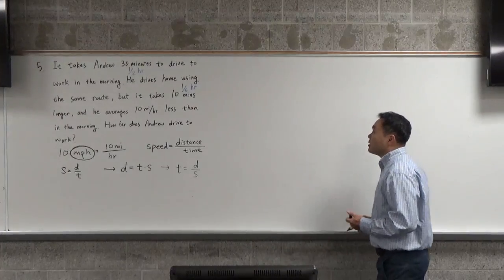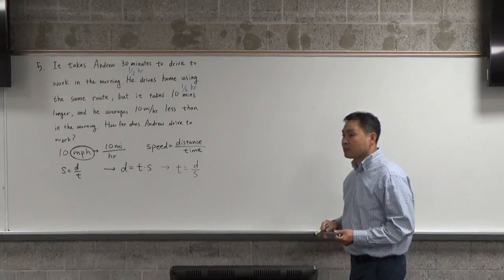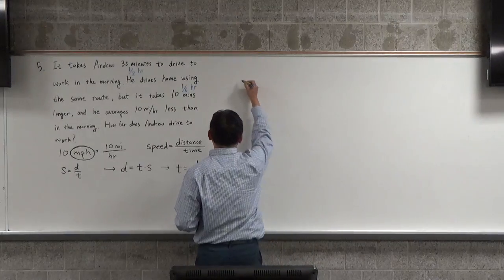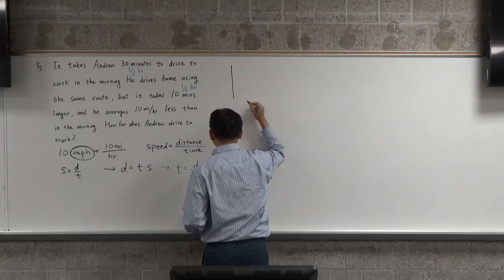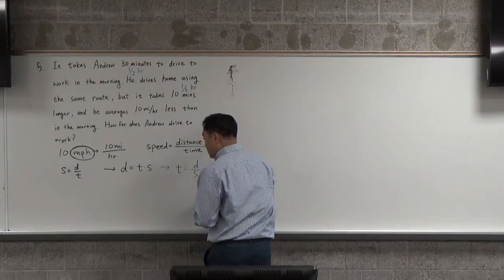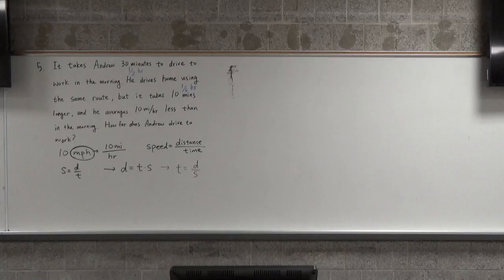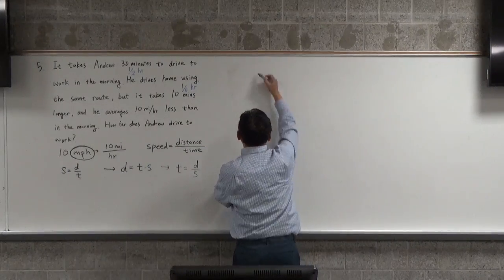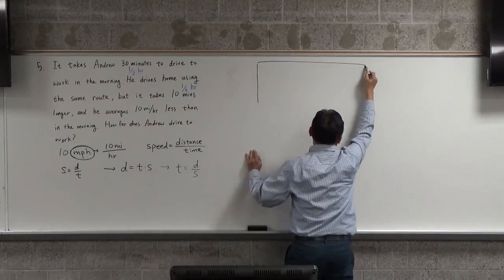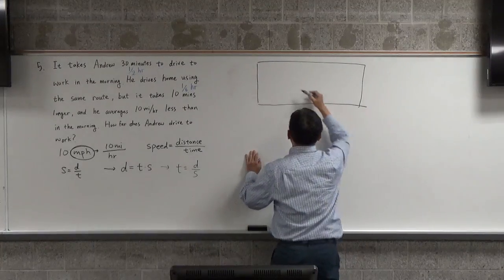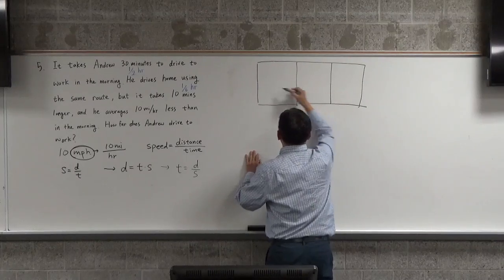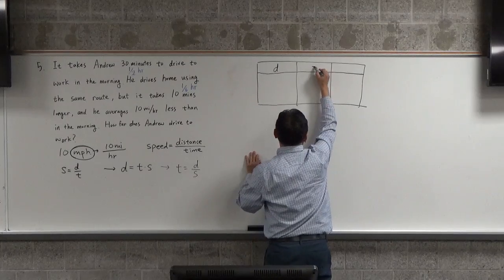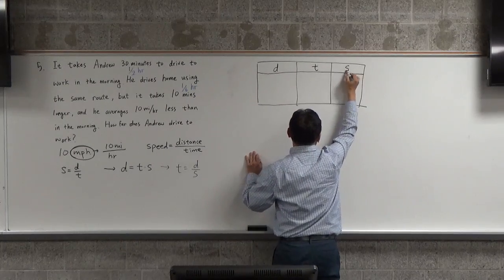Okay, but then how do you tackle such a question? There are many ways to tackle such a question, but the most effective one is to make a table. So we're going to make a table with distance, time, and speed.